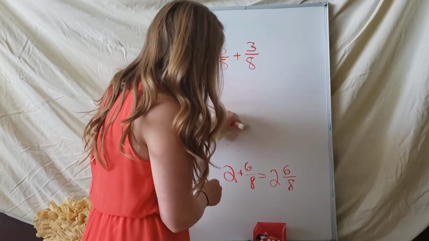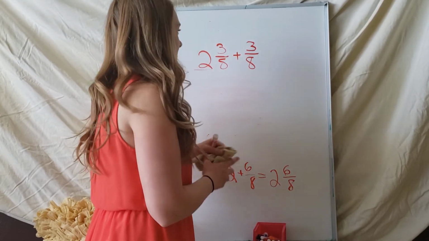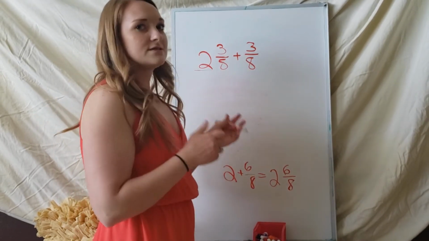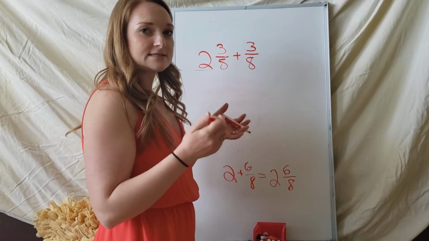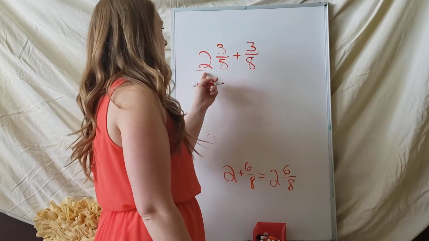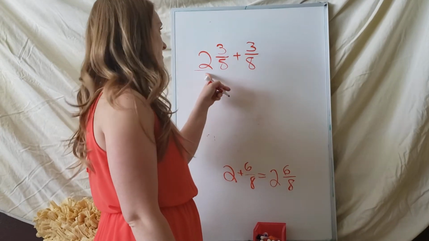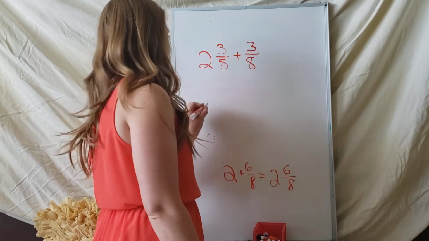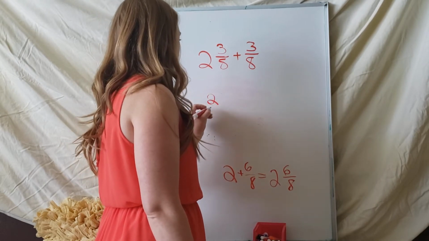If I want to draw a number line for this, the first thing you want to look for when you're drawing a number line with mixed numbers is where's my biggest number, because when we're adding, that's where we're going to start our number line. So my biggest number is 2 3/8. So I want to start my number line no less than 2. So I'm going to put 2 at the beginning of my number line.